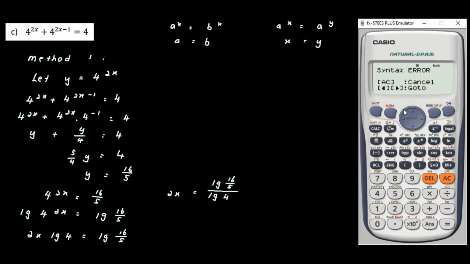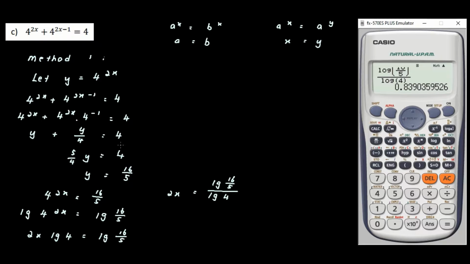You must remember to put your brackets, okay? So log 16 over 5, whole thing in brackets, then divide by log 4 in brackets.